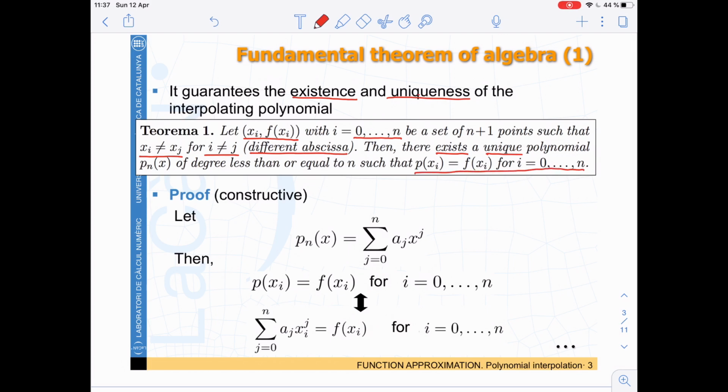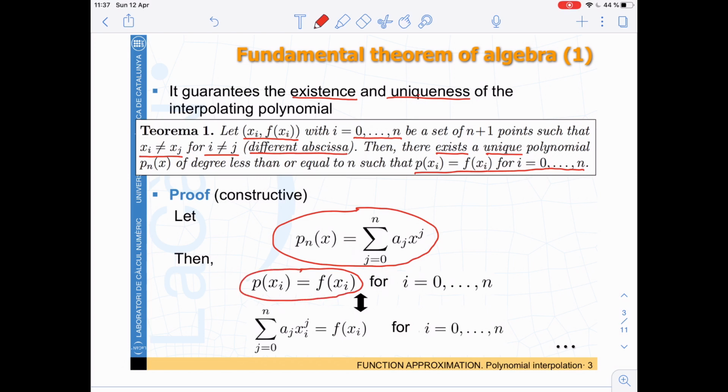The proof is rather simple and constructive, meaning that we are not only going to show that the polynomial exists and is unique, but also how to obtain it. To do that, we simply take the expression of the polynomial and replace it into the interpolating condition.